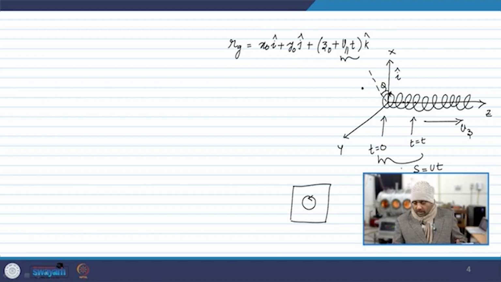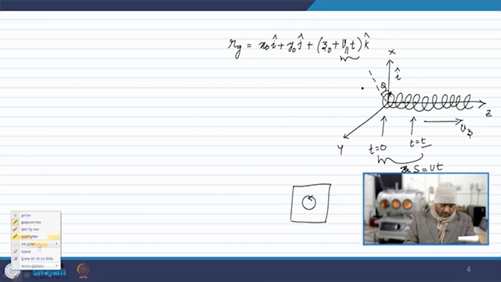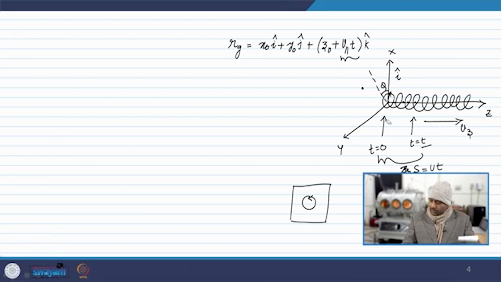Since there is already z0, the initial coordinate, at this instant t the distance away from that initial point will be z0 plus ut. That is what I have done here. I hope you have followed it. It is very simple. From simple +2 level kinematics, you can understand all these things.